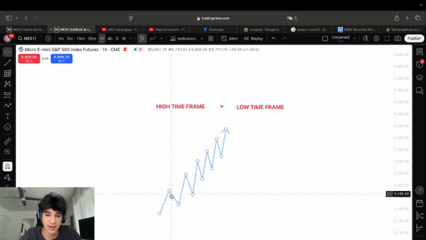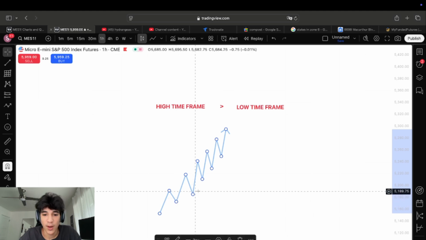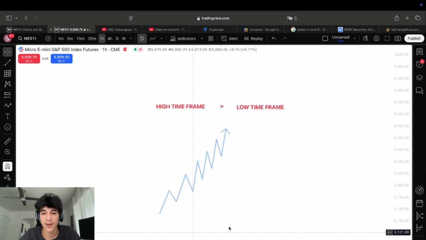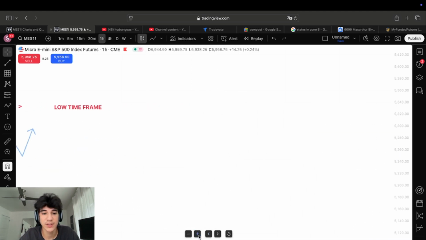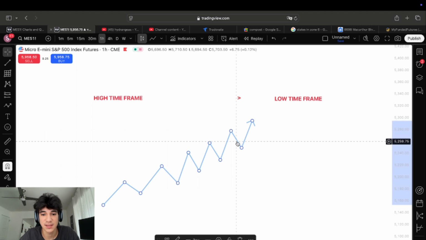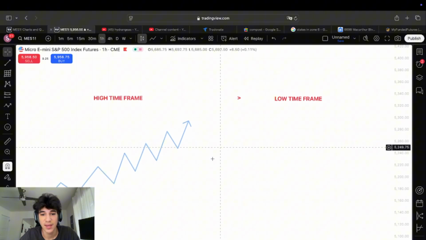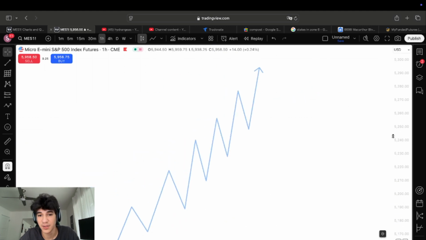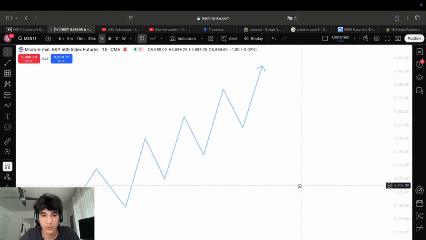When you're making these higher highs and higher lows, let's look a little bit closer. Let's say this is the high time frame, and within the high time frame there are little moves right here.